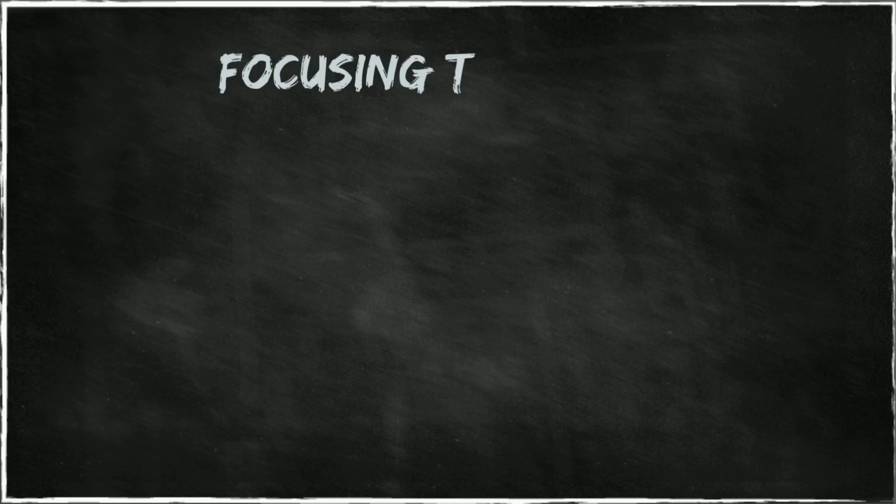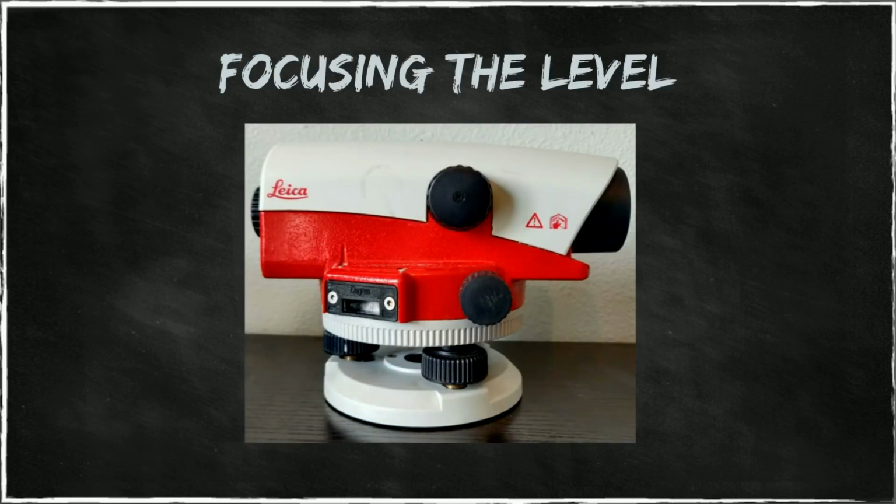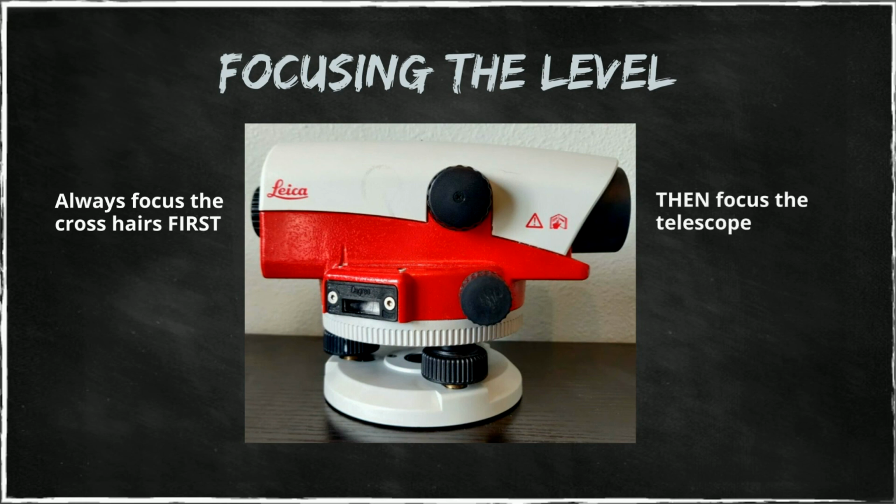And then there is the focusing of the level. As I mentioned, there are two focusing knobs, one for the crosshairs and one for the telescope. It is very important to first focus the crosshairs and adjust the crosshairs to your vision, and only then adjust the field of view of the telescope. This assures that both images, the image of the telescope and the image of the crosshair, end up in the same focal plane.